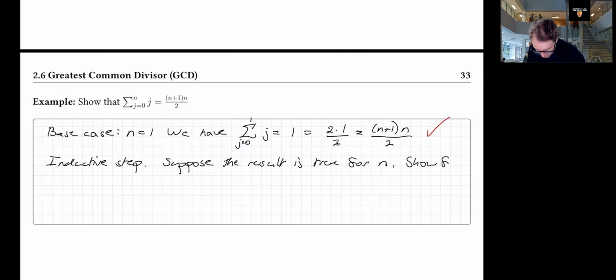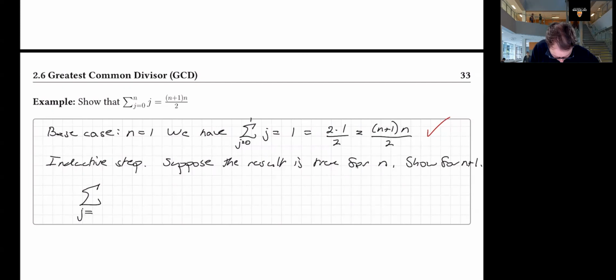And then we show it for n plus 1. To show it for n plus 1, you're going to leverage the fact that it holds for n, right? What you're trying to do is break it down into the part where you know it holds for n, plus some additional thing that you can figure out directly. And so that looks like this.